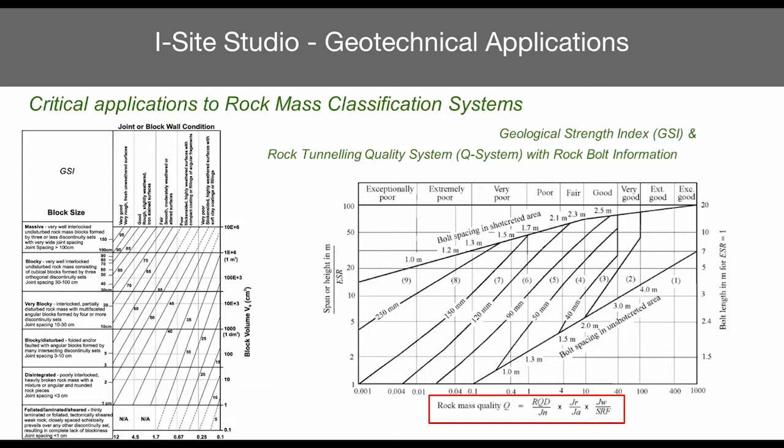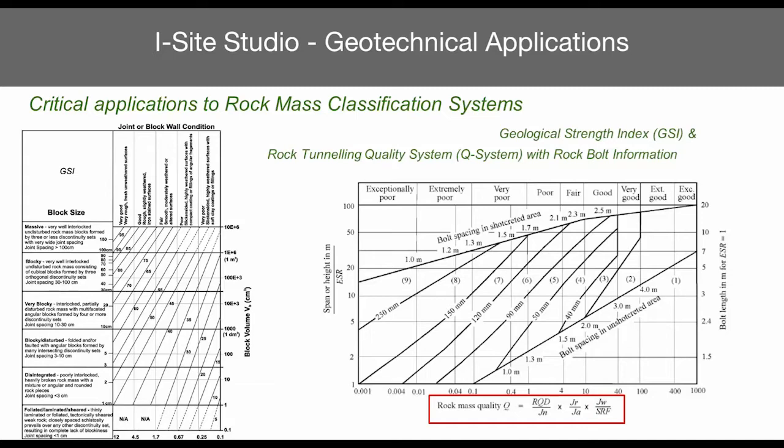JN stipulates the joint number, so the number of joint systems in your rock mass. In this case, we're going to be looking at 1 or 2, which you can apply to your equation. We'll also be looking at the bolt spacing as well as the bolt length application. So it's more of a reconciliation tool in that aspect.